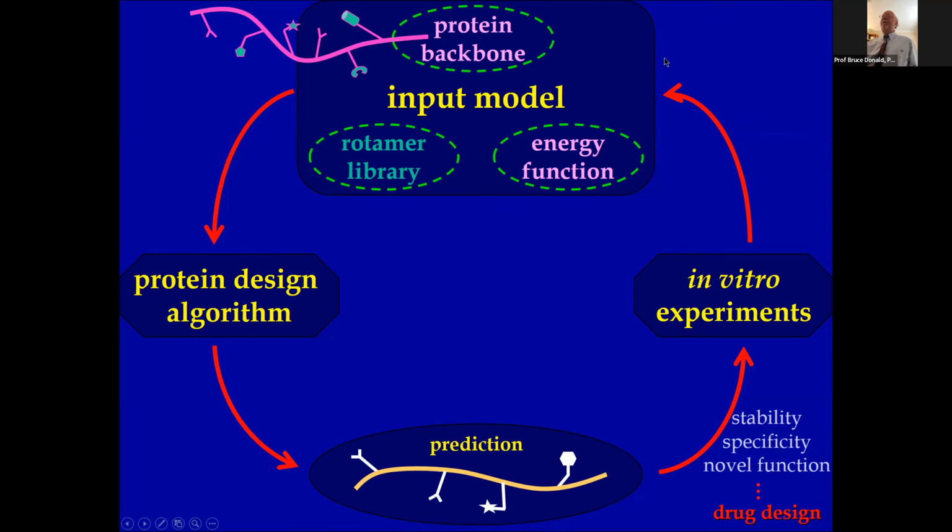And what that means in terms of running a laboratory or a class is that students at an earlier stage of their career, knowing just some computer science and statistics, can make real contributions to the biological and biomedical goals. Whereas if you're simultaneously trying to figure out whether the problem was in the input model or whether it was the protein design algorithm, you really need to have essentially a PhD in computer science or statistics before you can even get going.